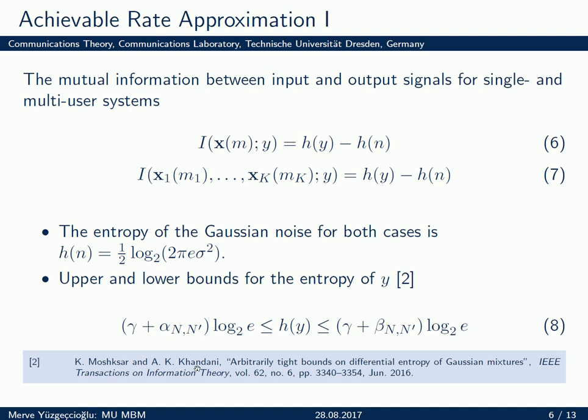They have introduced a tight lower and upper bound for the entropy of a Gaussian mixture, and we can use the results from this paper to find an approximation to the entropy of the output signal.